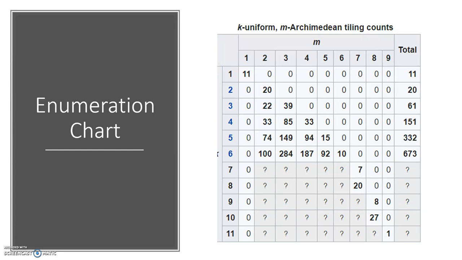I did the first 11, which is what you saw earlier, the 3 regular and then the 8 semi-regular. As you see, there's still a lot of room for learning. All those question marks, we don't know how many of those exist yet. So there's still plenty to learn about these things. But this is just really neat because this is what we know already. So again, that's more to explore and check out later.